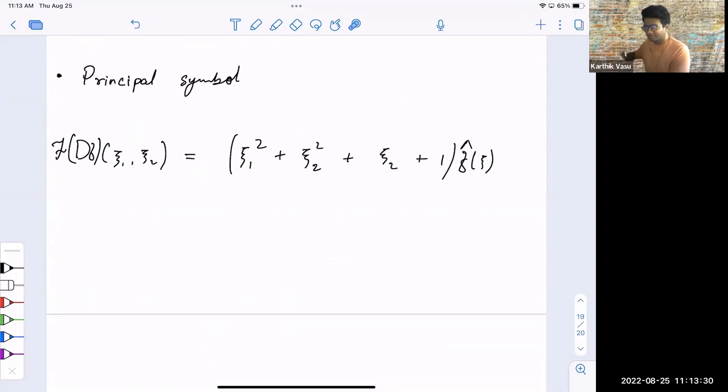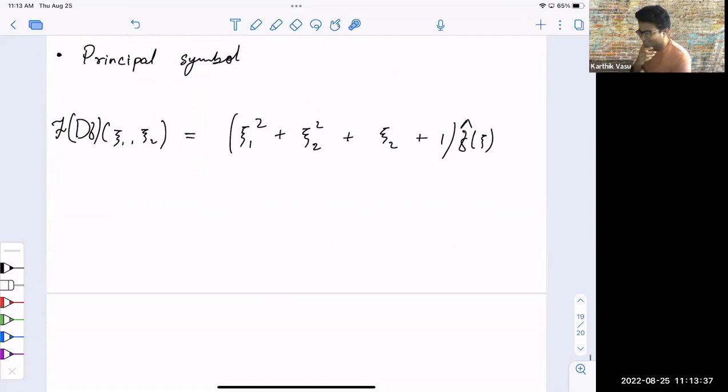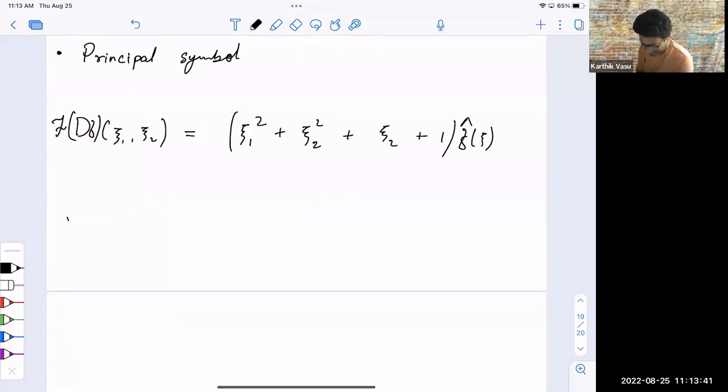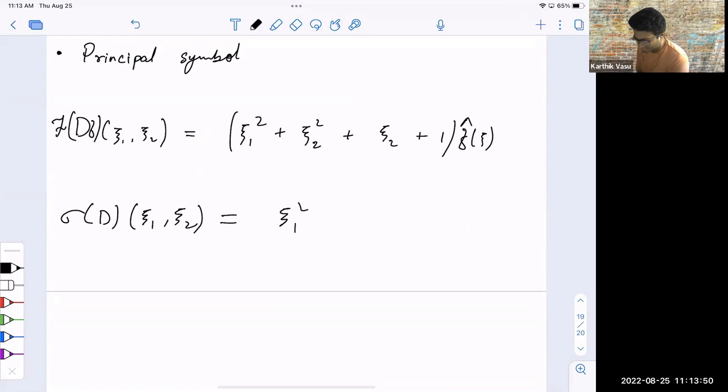And that is what I will use as motivation to define the principal symbol of D, which will be evaluated on c1, c2. It will just be the top order part, this squared plus this squared. So that's all the principal symbol is.